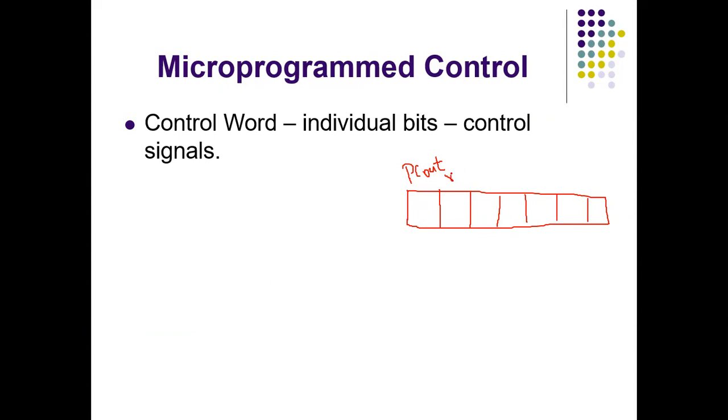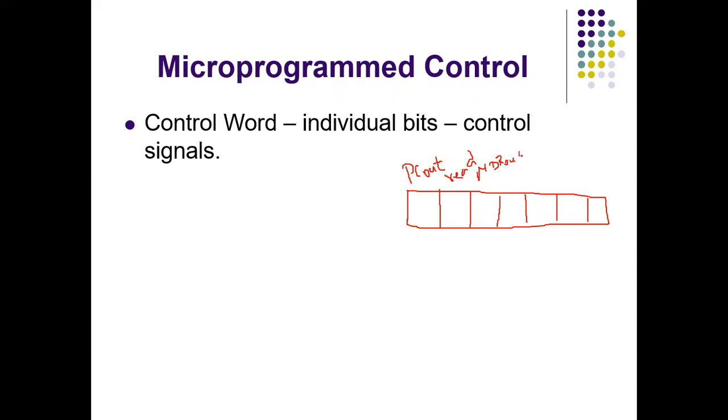The next bit may represent read. It means whatever address is specified in the memory address register, that content I want to read. Another one may be MDR out, so whatever is in the memory data register will be sent to the internal bus.